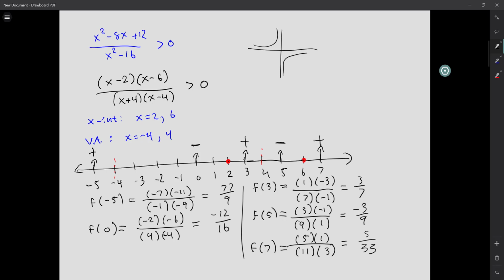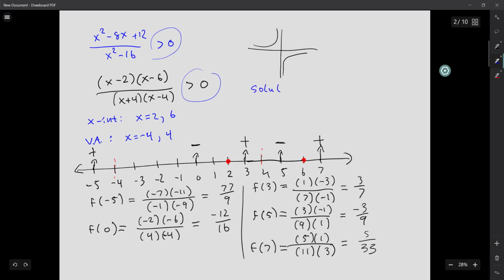So my graph starts off positive and it alternates between negative and positive all the way through. So here I was looking for when it is greater than 0. So I'm looking for when my graph is positive.